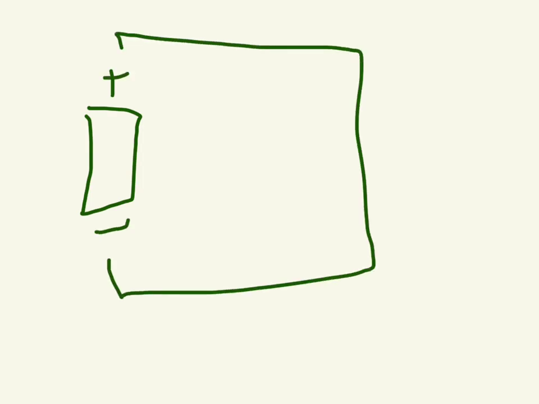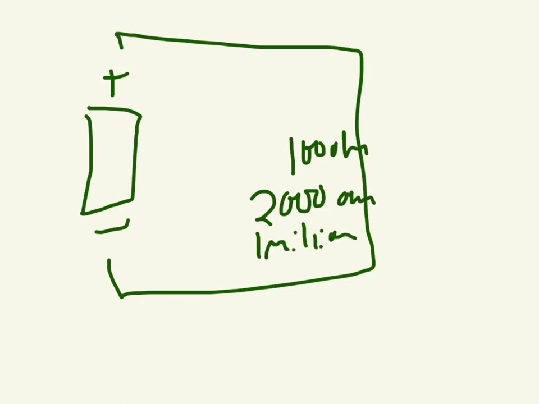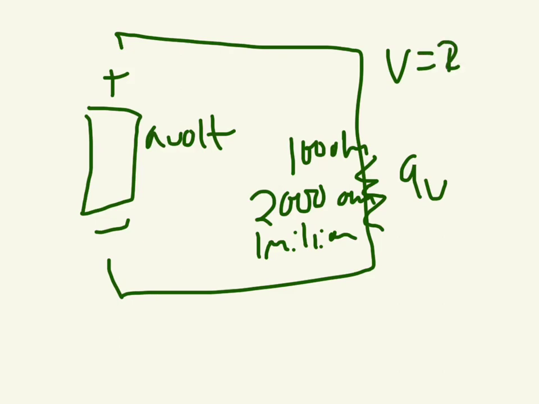So if you had a 100 ohm resistor, or a 2000 ohm resistor, or even a 1 million ohm resistor right here, and you had a 9 volt battery, the drop is always going to be 9 volts over that resistor because it's the only load on the circuit. The only thing that's going to change when you change the resistance is the amperage going through the whole circuit, because V equals IR.